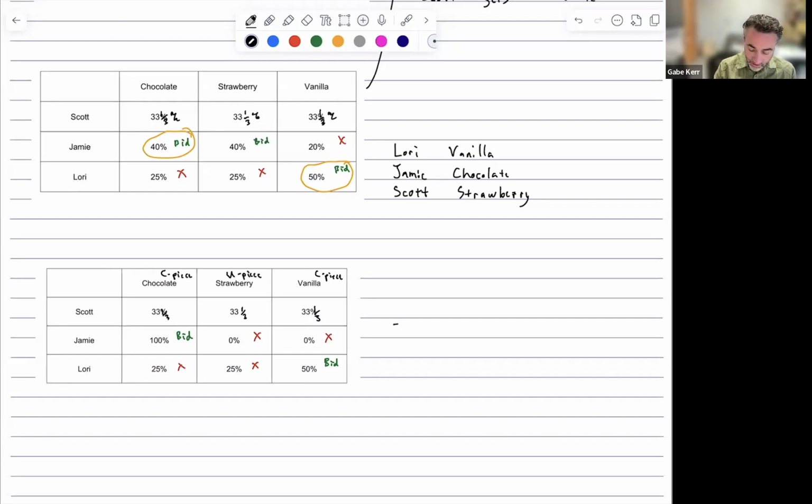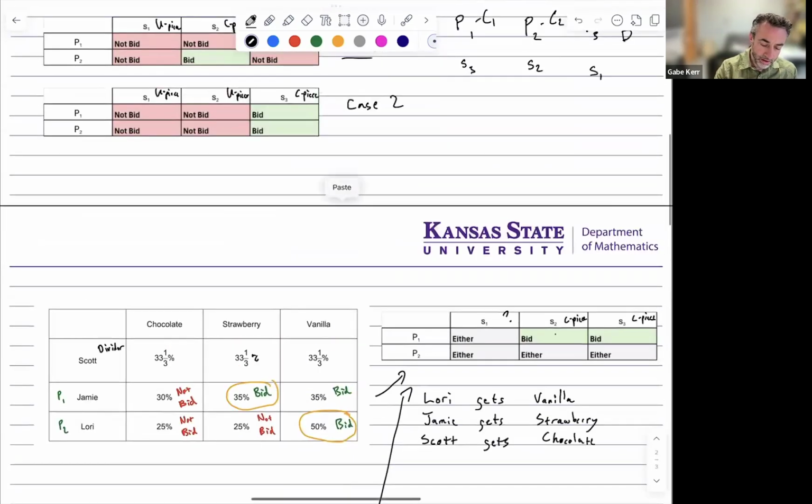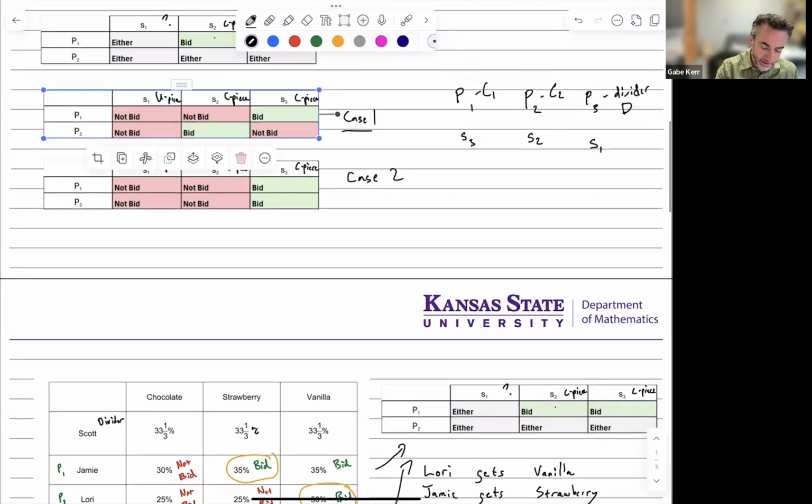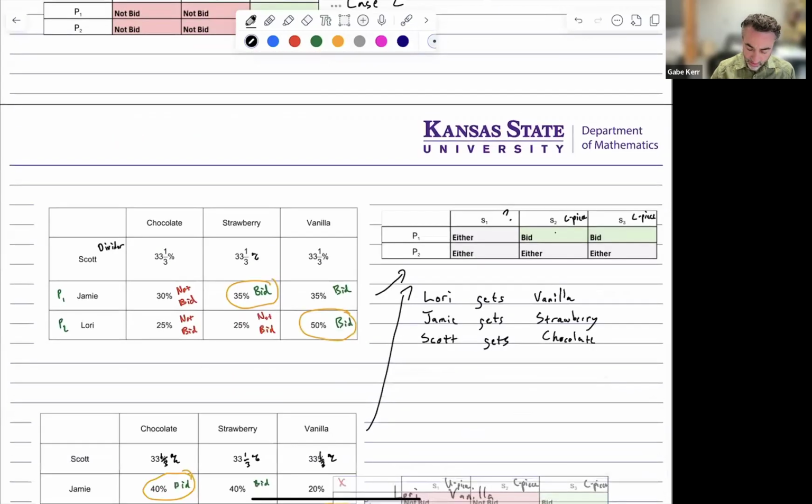So Jamie will get chocolate, Lori will get vanilla, and Scott gets strawberry. Okay. And again, this case up here is this more general setup that we're looking at here.